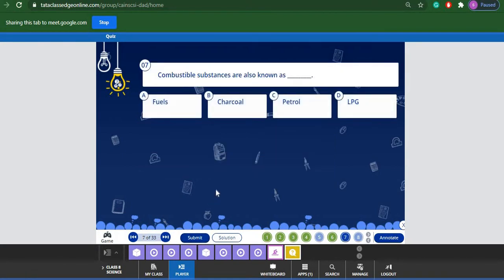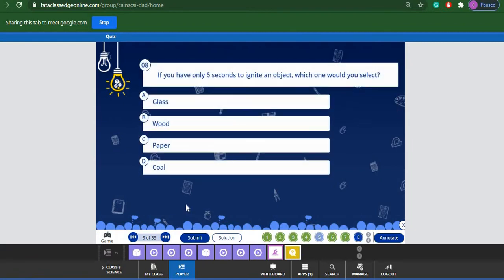Now next one. Fuels: charcoal, petrol and LPG. Sir, fuel. Okay, so let's check is it right or not. Yes. Very good. Now next one.